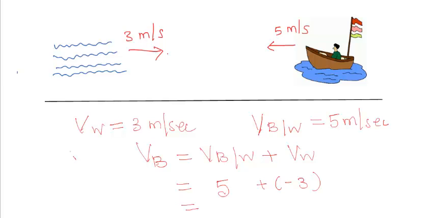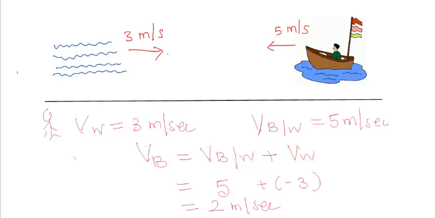So if you are standing on the river bank and observe here, for an observer the boat moves at 2 meter per second only, even though in water it is moving 5 meter per second, and the water is flowing opposite to the boat movement at 3 meter per second.